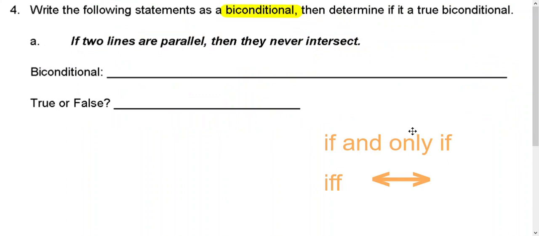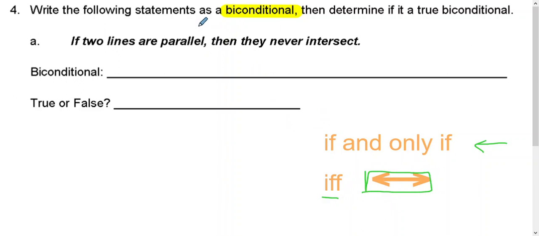Okay, number 4. Write the following as biconditional, and then determine if it's a true biconditional. Biconditional is when we use these words if and only if. We sometimes abbreviate them IFF, and when you're writing them as a symbol, you use that double-sided arrow.